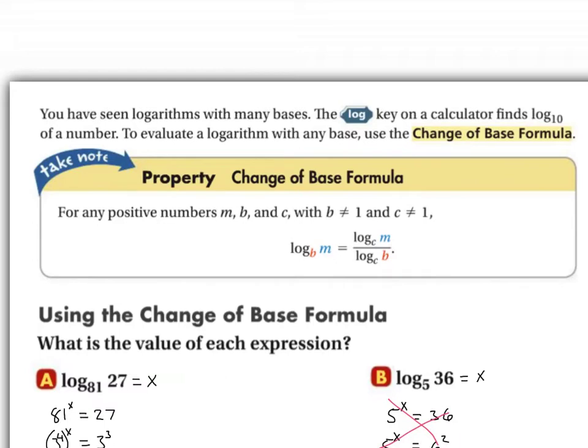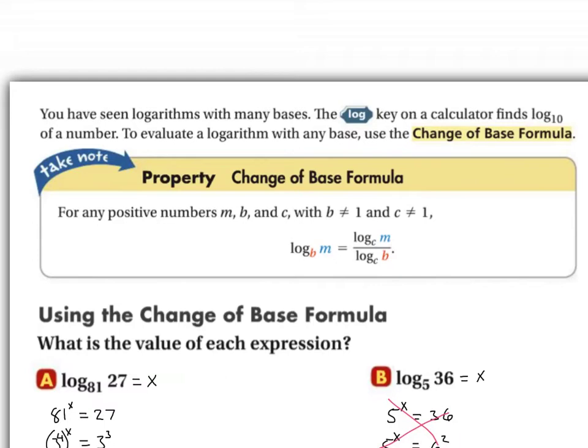When we rewrite that, c is anything we want it to be. C can be any base we want. We can change log base b into any other base that we want. But since your calculator can only do 2 different bases, we're probably going to want to actually pick one of those. Okay? But I just want to make sure that you understand that the change of base allows us to change it to any base.